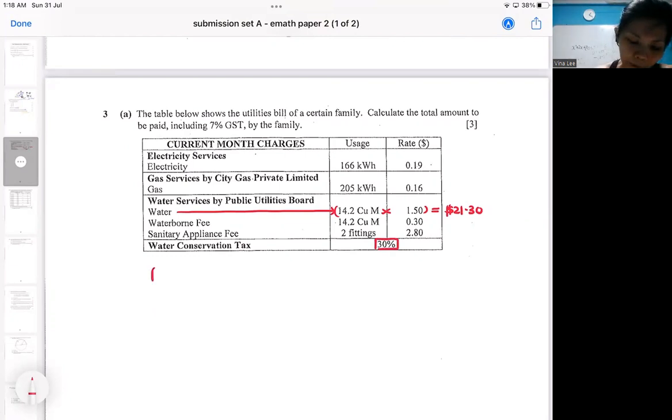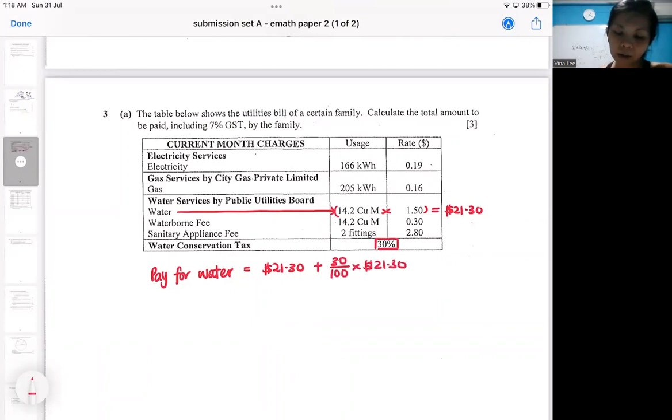So how much do you pay for water? Pay for the water usage, right? It's not just the 2130. You got to add in 30% of the amount that you are using.